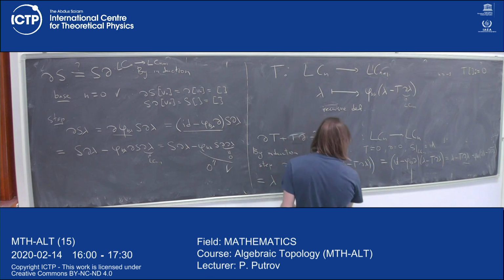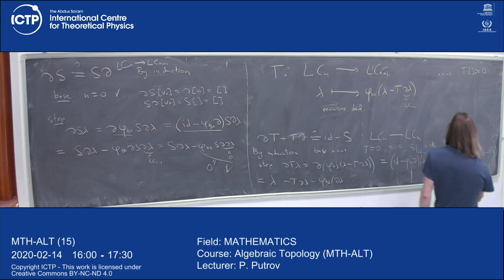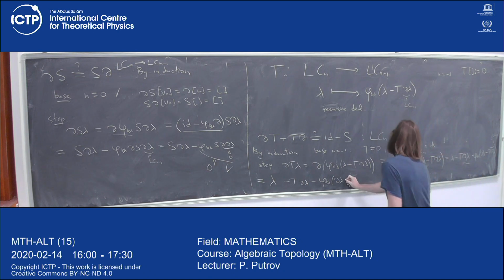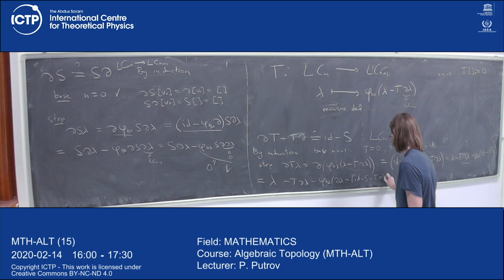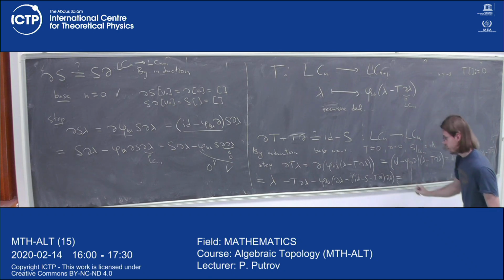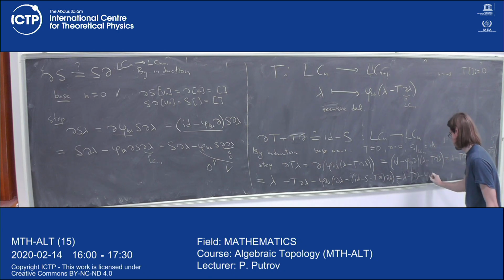So I keep this unchanged, but for this part dt, I use this formula, so it will be minus identity minus s minus td acting on d lambda. Right? Okay, now I can simplify this: lambda minus t d lambda minus phi d lambda.